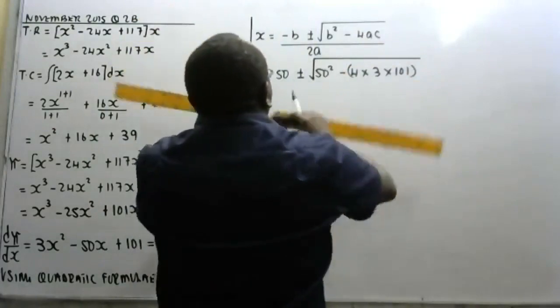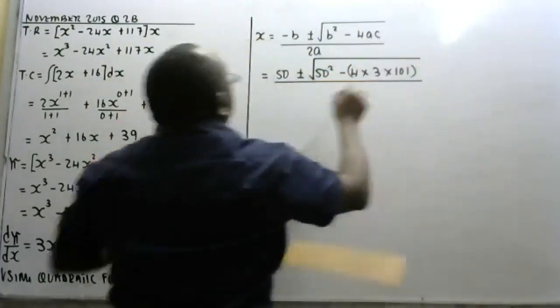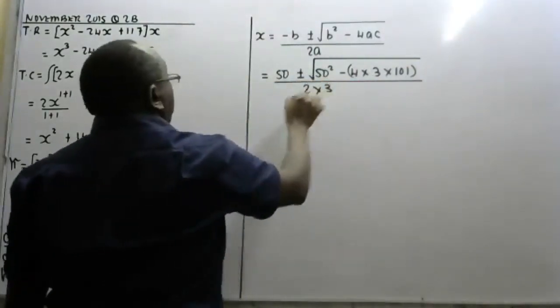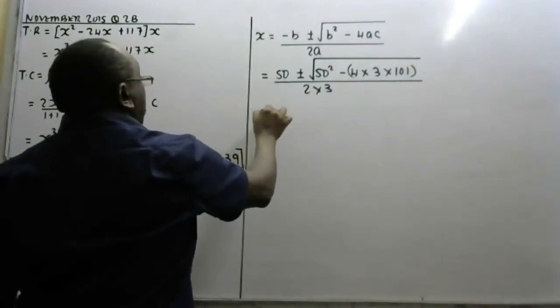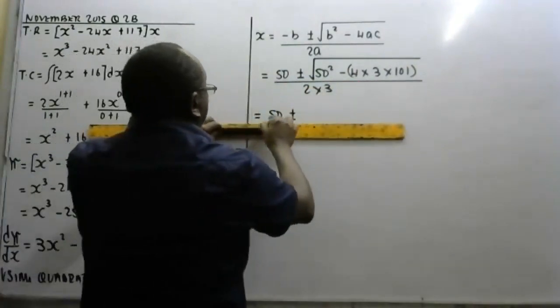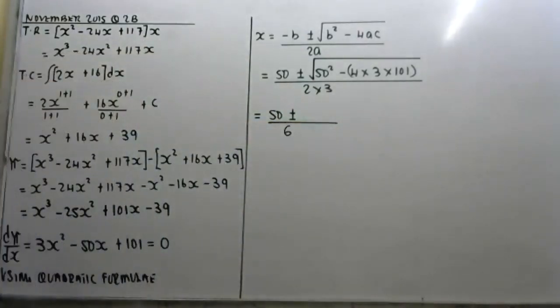You divide by 2 times 3. So this is 50 plus or minus the square root.